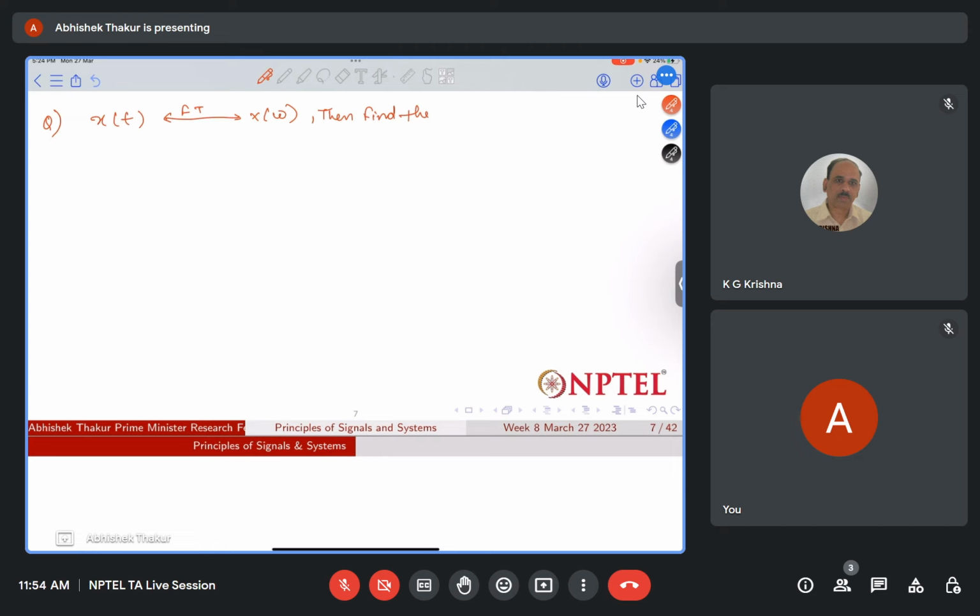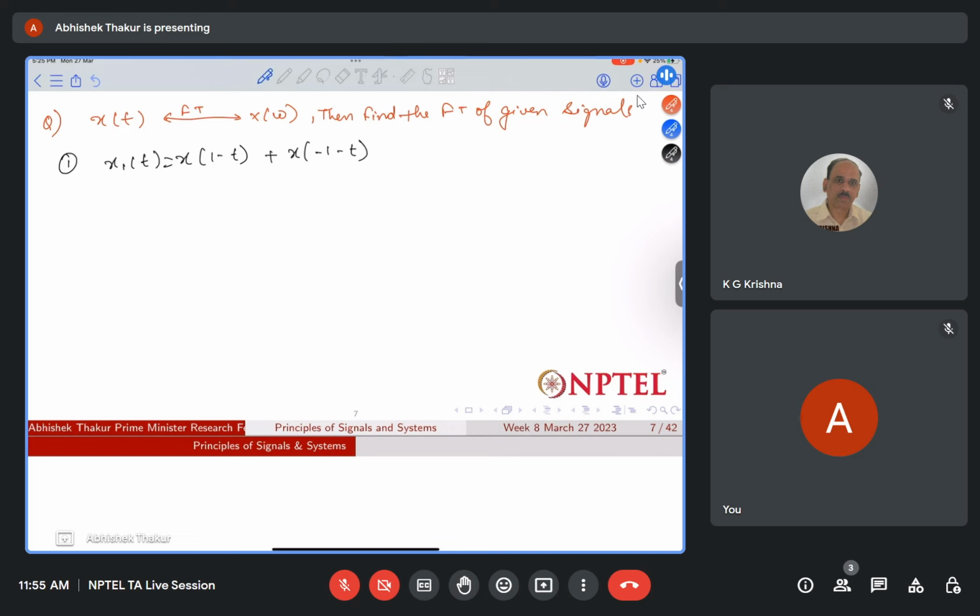Find the Fourier transform of the given signals. Let's suppose the first one is x1(t) equal to x(1 minus t) plus x(minus 1 minus t).